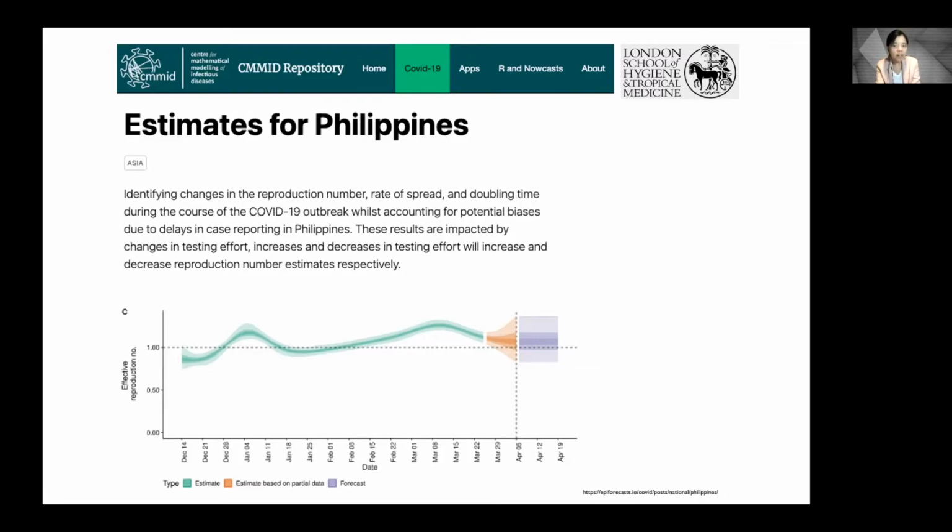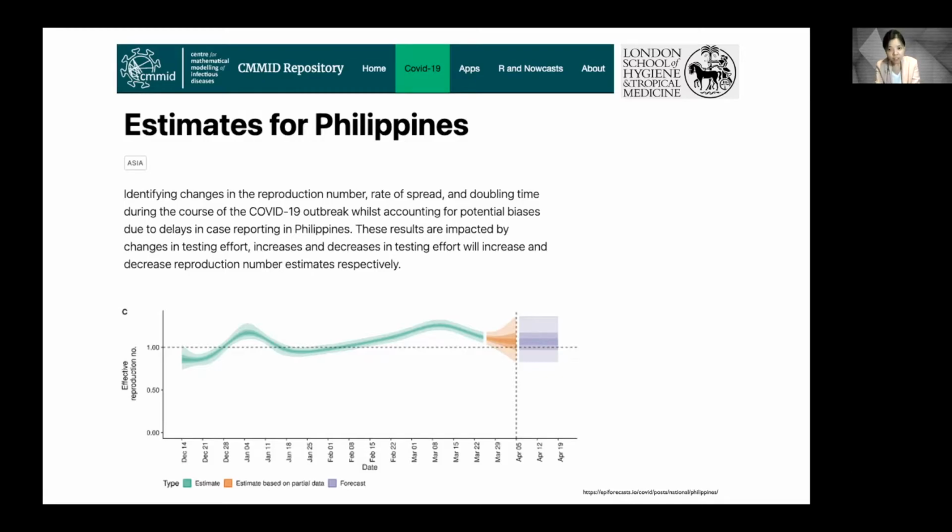in identifying the changes in the basic reproduction number, the changes can be due to biases, or the biases can be due to delays in the reporting in our country, and changes in testing effort.